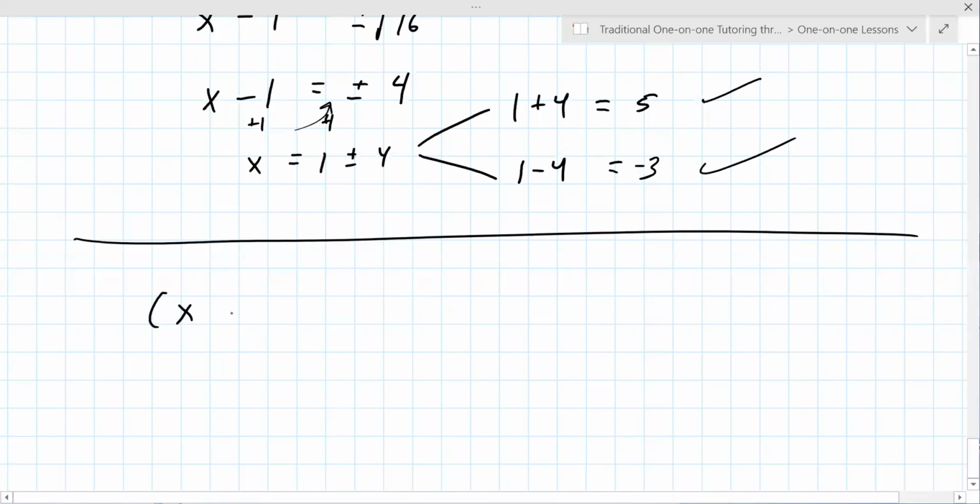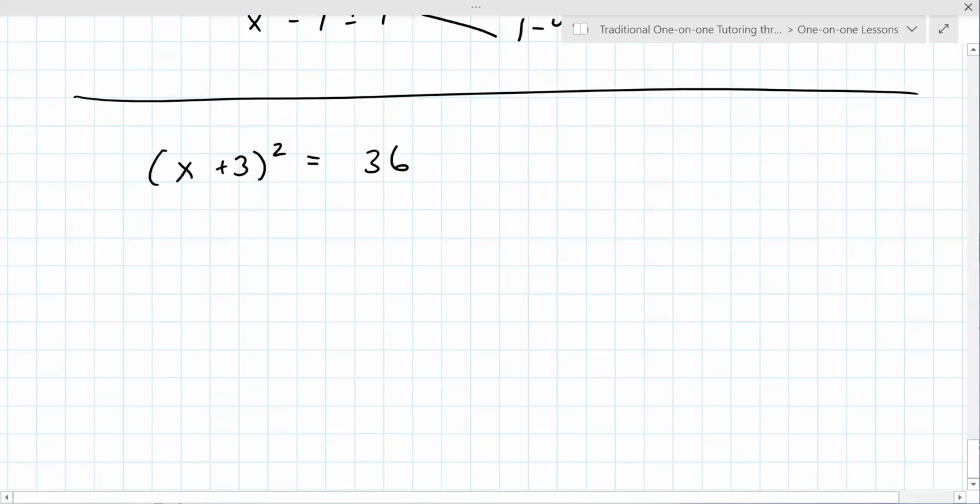All right, let's have you try one here. x plus 3 squared equals 36. Go ahead and work through this, please, just like the last problem, and then we'll mix it up a little bit. We'll make it more difficult.